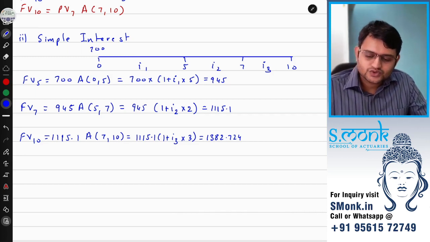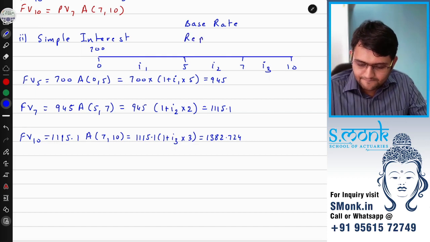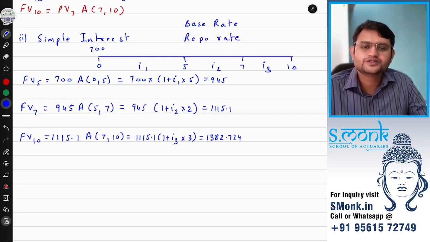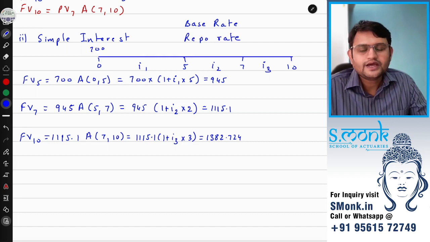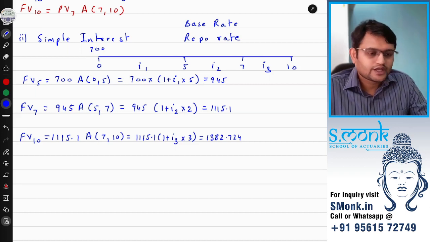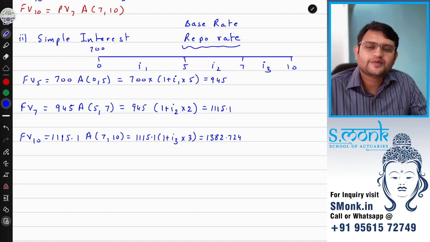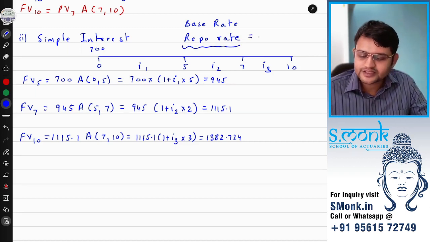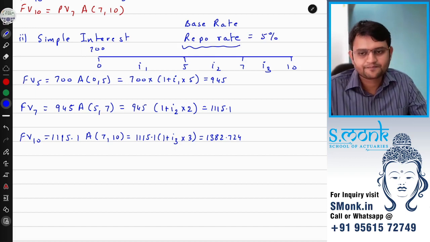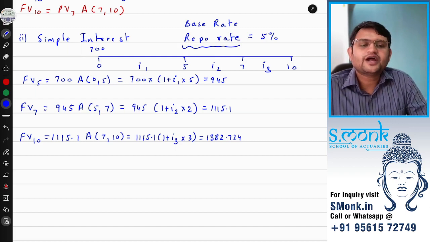So the word is base rate or a repo rate. These are the words that they use. That's the minimum rate of interest that somebody should get. So let's say that the repo rate or the base rate set by RBI is, let's say, 5%.